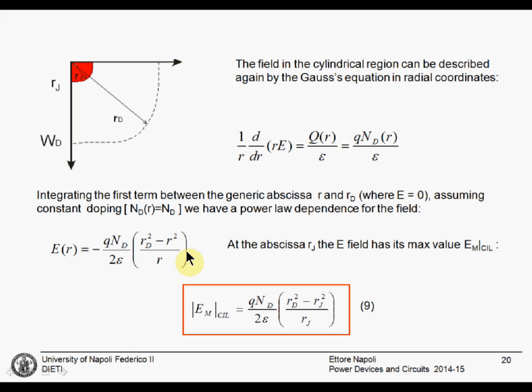And the electric field increases when we move from here towards the junction. We do expect that the electric field is maximum at the junction. When we substitute Rj, that is the radius of the junction here, we obtain in absolute value the maximum value of the electric field. That is a function of Rd square minus Rj square divided by Rj.